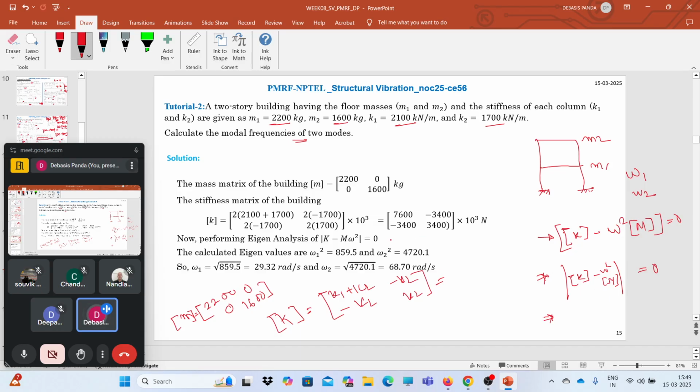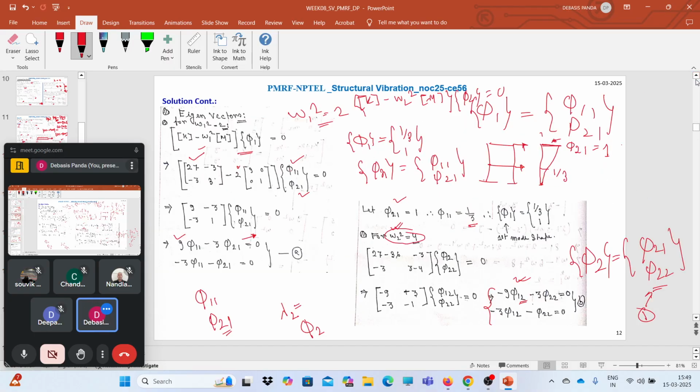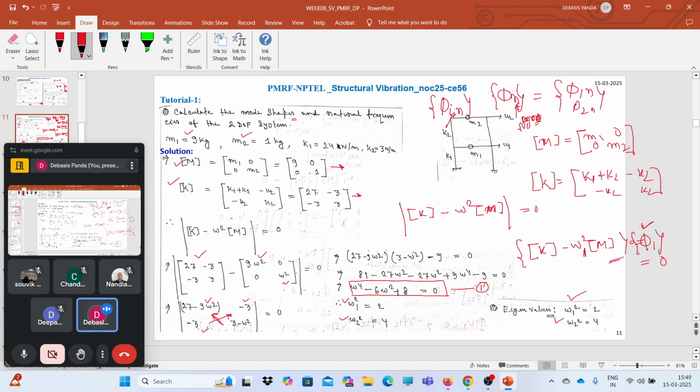After solving the equation, we have the roots omega 1 square and omega 2 square, which I have found. Please go through the example and cross-check it again. You just need to do some calculations and you will find one equation like this. Here I have solved step by step, but for this example you can solve it easily like this.